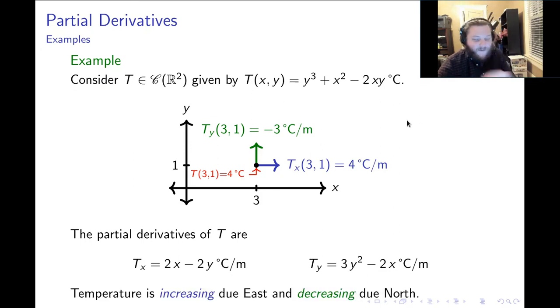So what this is saying in the figure is that temperature at the location 3, 1 is 4 degrees Celsius, but due east, temperature is increasing, and due north, temperature is decreasing. I had a positive partial derivative with respect to x at the location 3, 1, and I have a negative partial derivative with respect to y at the location 3, 1. That's what's telling me that temperature is increasing in the eastward direction and decreasing in the northward direction at the location 3, 1.